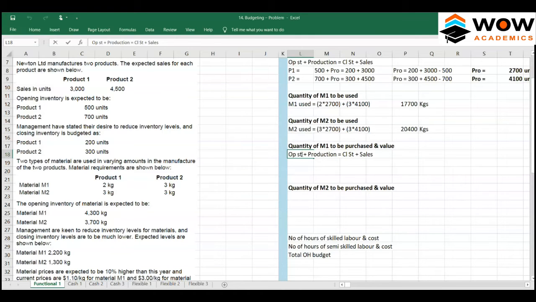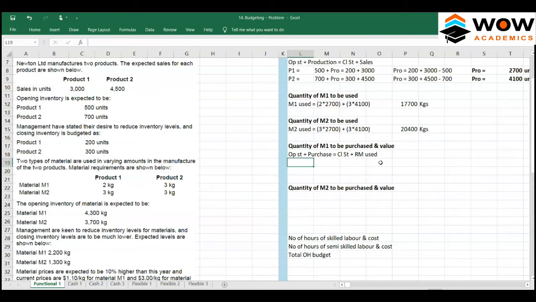There is no sales of material here, so the sales would be the raw material used. And instead of production, it will be purchase. So opening stock plus the purchase of raw materials equals closing stock plus the raw material used.